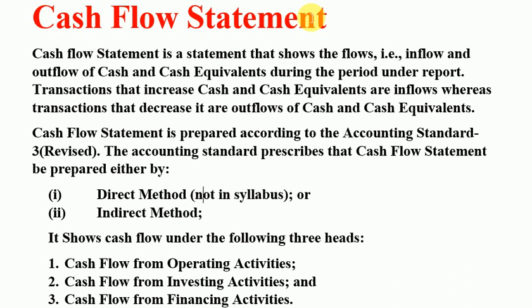Next class we are going into the format, and then we will go directly into accounting treatment for cash flow statement. Once again, I'm reminding you this chapter has minimum 12 marks in your board examination out of 100. 6 marks, as I've told you, in your written test for practical exam, there will be a 6 marks question for cash flow statement, and there has to be one 6 marks question also in your board examination AISSCE question paper, and it is always the last question of Part B for 6 marks.